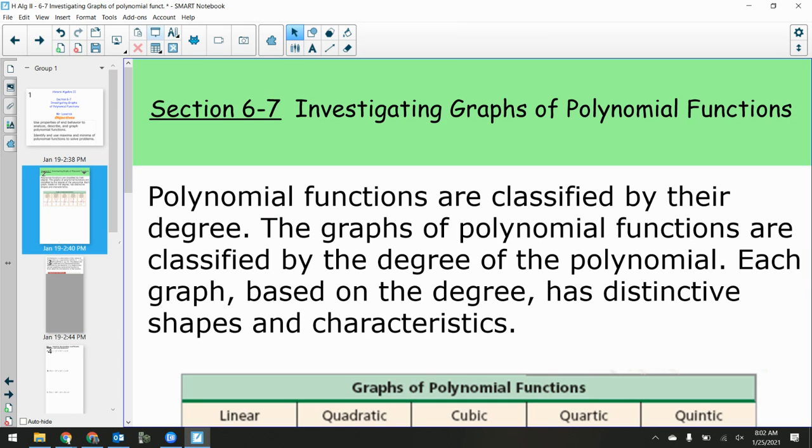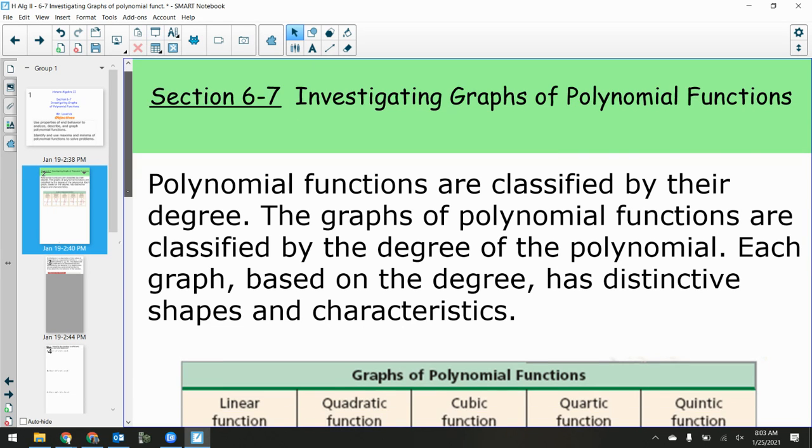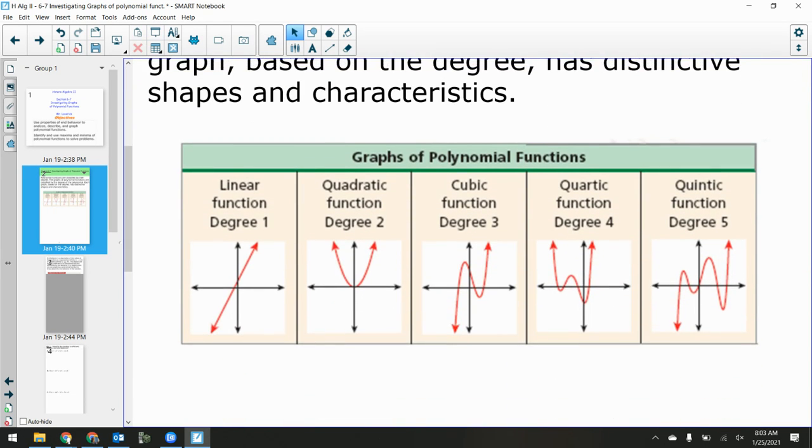Each of those functions, based on their degree, you can group them together and they all have similar characteristics. So I'm going to ask you to vaguely sketch those 5 graphs on your paper, because I want to see if you can define some patterns within the graph.